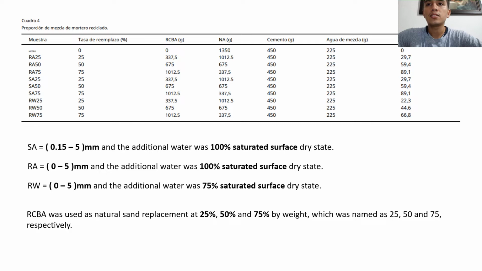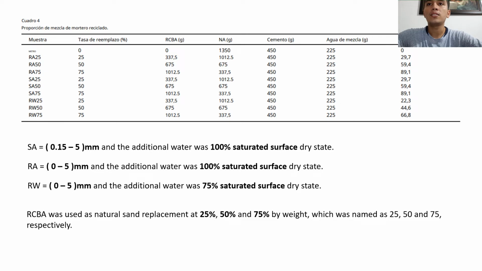SA contains a particle size of 0.15 to 5 millimeters, and the additional water was 100% saturated surface dry state.